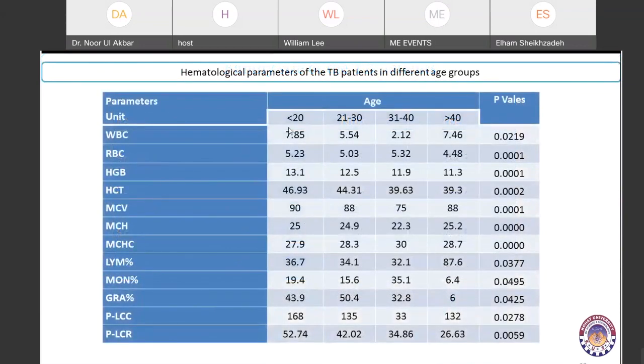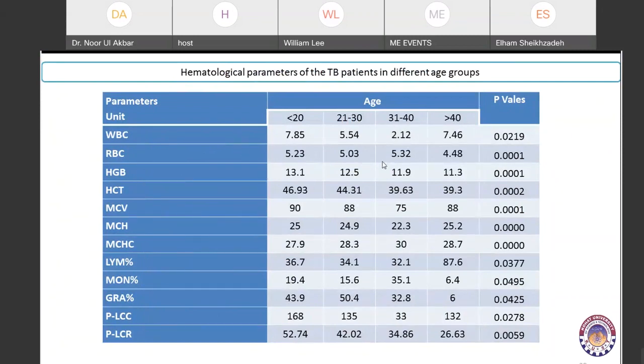These are the hematological information collected after the collection of the samples, subjected to a hematological analyzer. These are the age groups: less than 20, 21 to 30, 31 to 40, and greater than 40 years. These are the WBC, RBC, HGB; these are the hematological information.